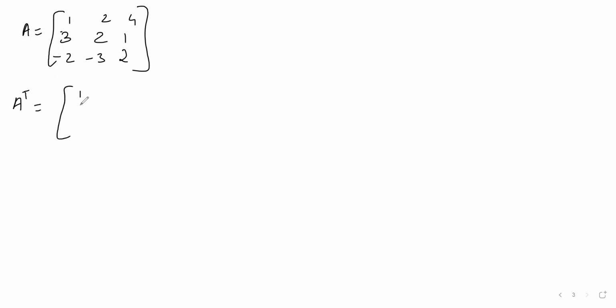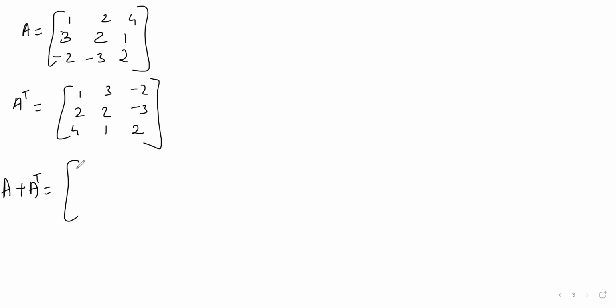I will do one and explain. They have given you a matrix A. It is 1 2 4, 3 2 1, -2 -3 2. So we will find A transpose. A transpose will be 1 3 -2, 2 2 -3, 4 1 2. You will add them, A plus A transpose.